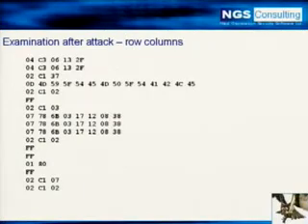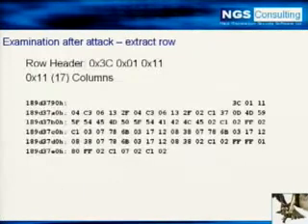Given that we know that there are 17 columns, if we look here, that 04 indicates that the first column has 4 bytes of data, so we count 4 in, 1, 2, 3, 4, and then we get another 4, 1, 2, 3, 4, then is that a 02, so count 2, and then 0D, and so on. So you see how that's happening. We count 4, 1, 2, 3, 4, and then we come across another 4, so this is column 2, 1, 2, 3, 4.